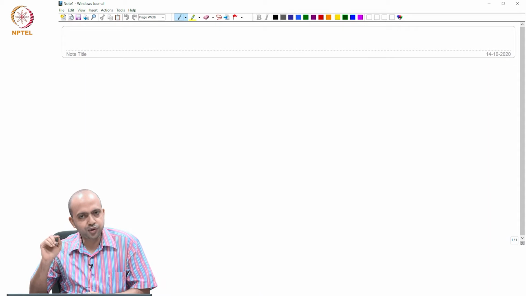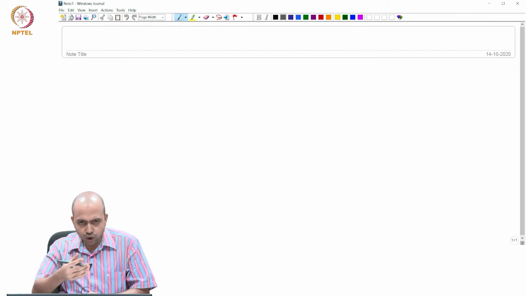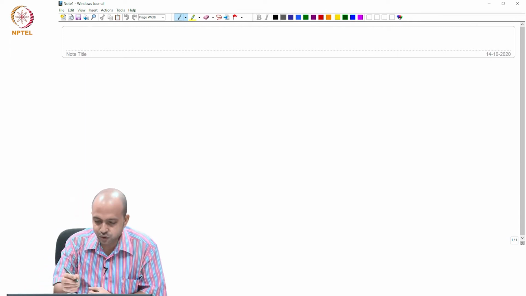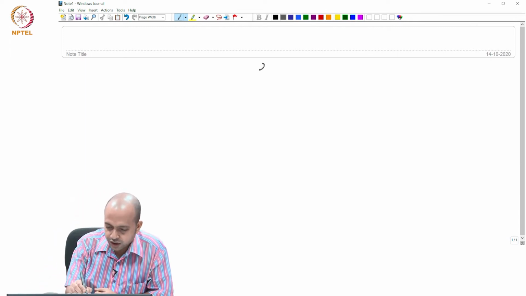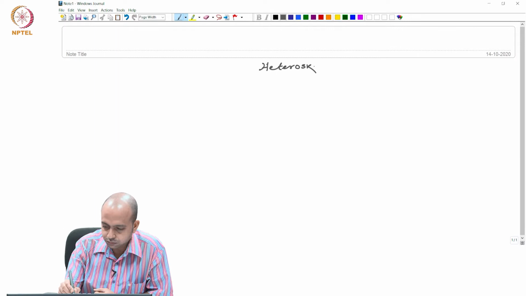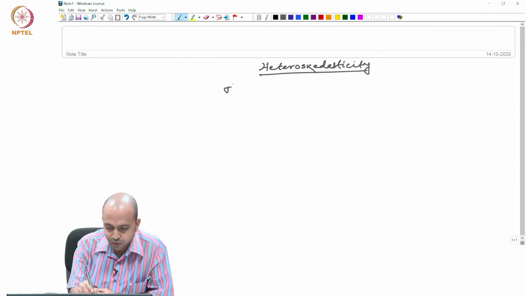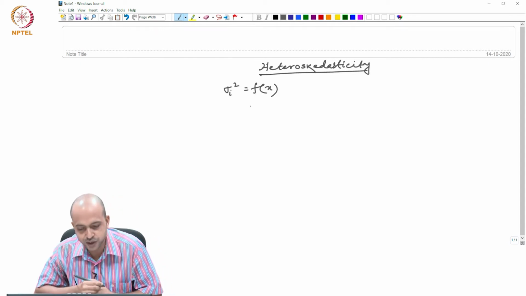Before we go ahead with the BPG test, if you recall, yesterday I said that all these tests are based on which particular assumption you are making about your sigma square, that means the error variance. In all these models, once again we are discussing heteroskedasticity, we assume that sigma square i is actually a function of your explanatory variable x.